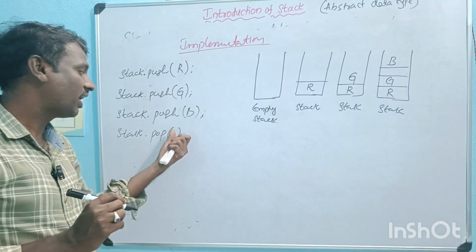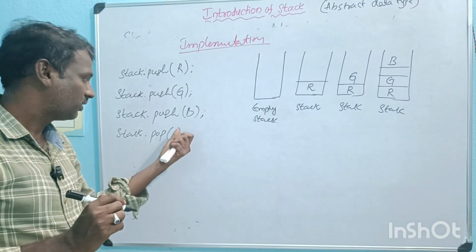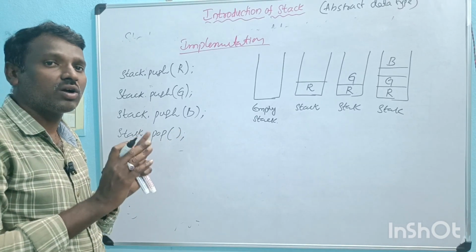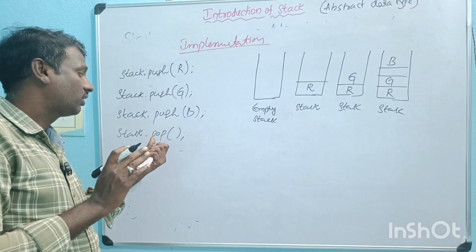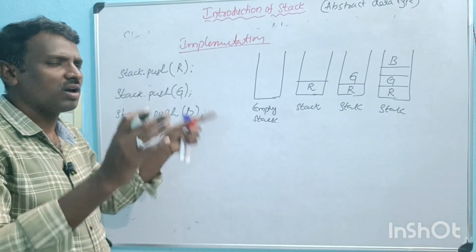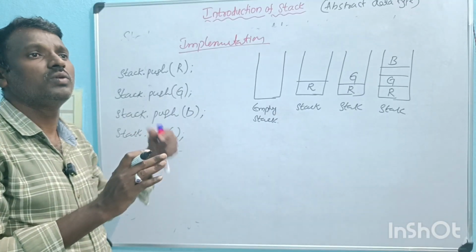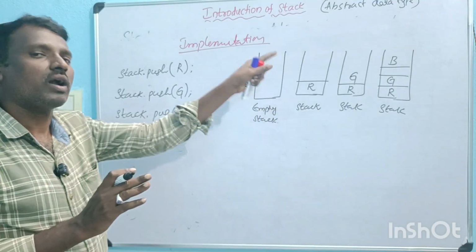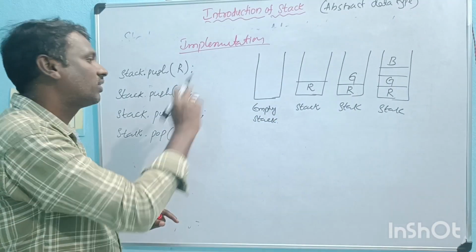I just call the pop operation, stack dot pop. Whichever element is on top of our stack will be automatically deleted.